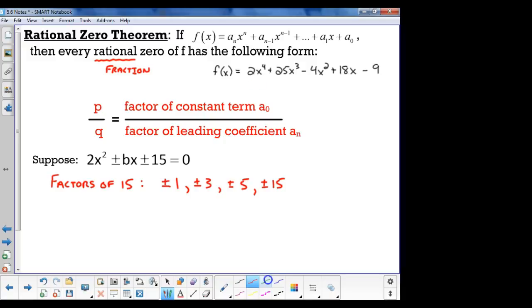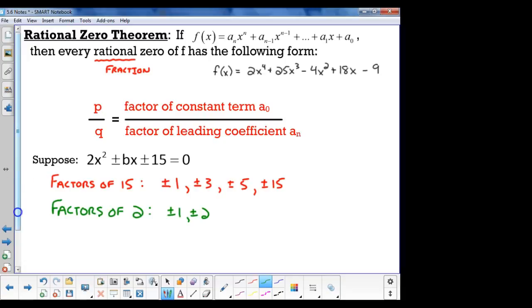Okay? Now I look at the factors of 2. What are the factors of 2? Plus or minus 1, plus or minus 2. Okay?